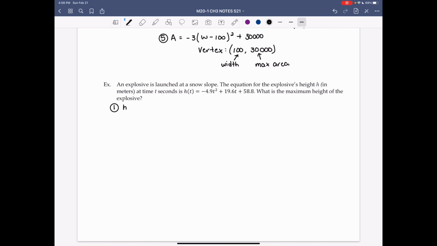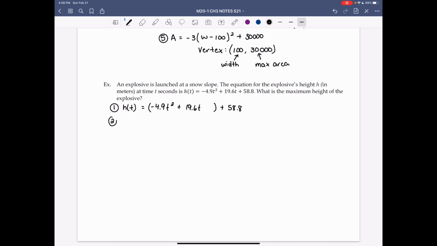So first of all, h of t equals, group our first two terms, so negative 4.9 t squared plus 19.6 t, leave a space, close the bracket, plus 58.8.